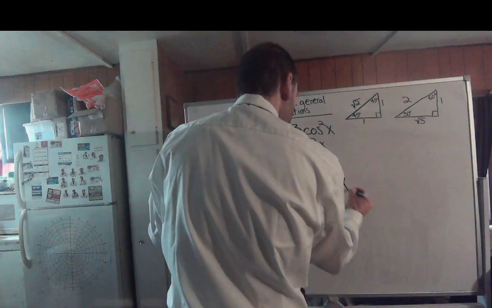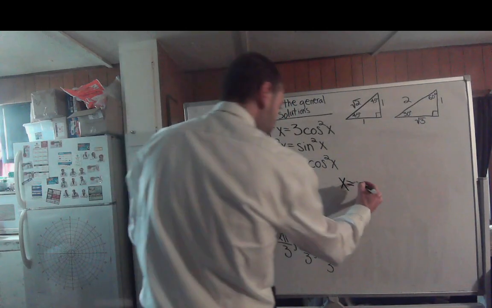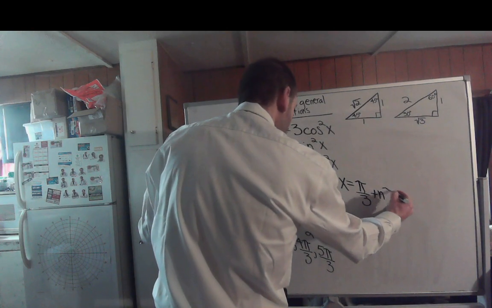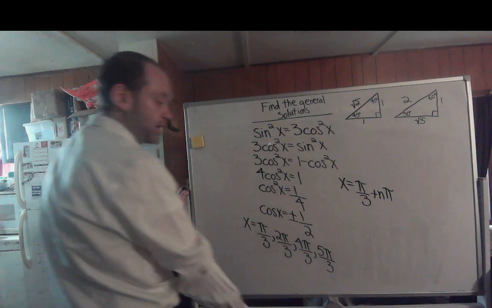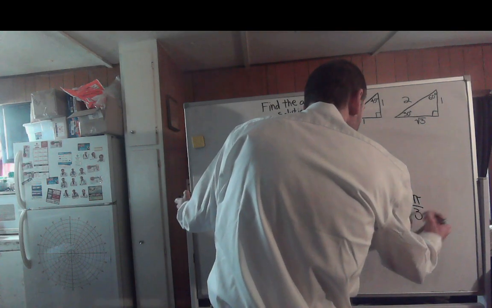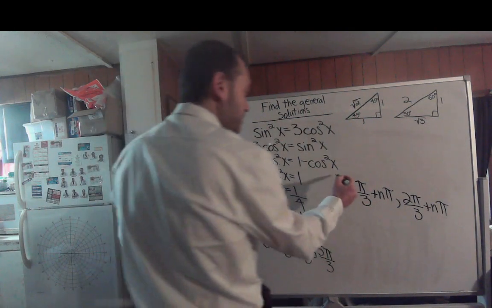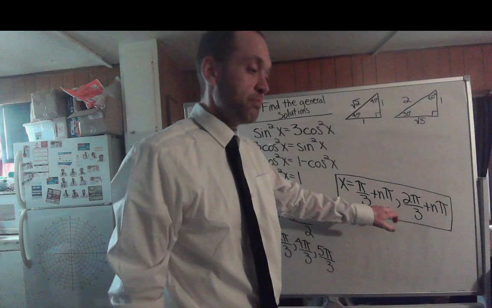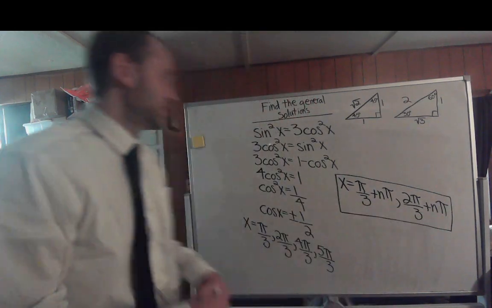But if we write x equals pi over 3 plus n pi, you'll actually account for the 4 pi over 3. And if you take that 2 pi over 3 plus n pi, you'll also account for the 5 pi over 3. So your two general solutions are x equals pi over 3 plus n pi and 2 pi over 3 plus n pi.